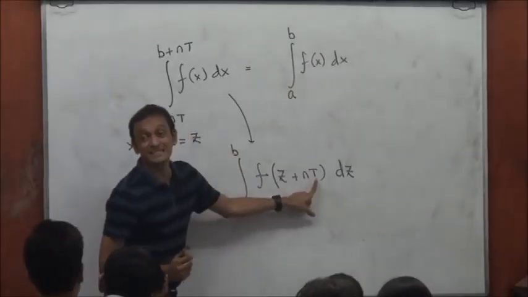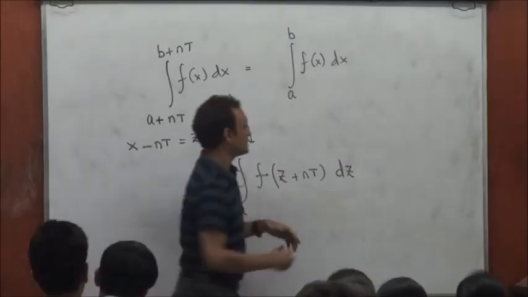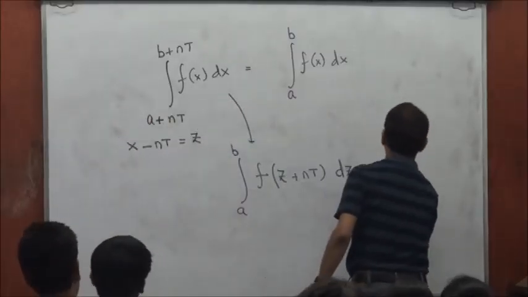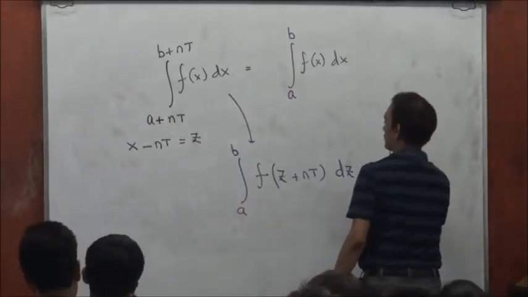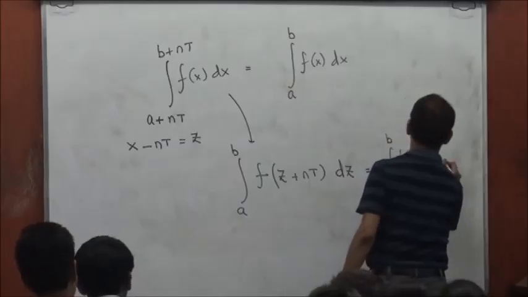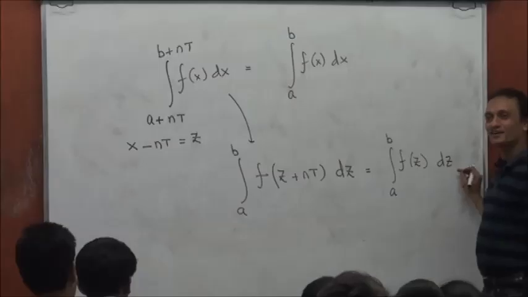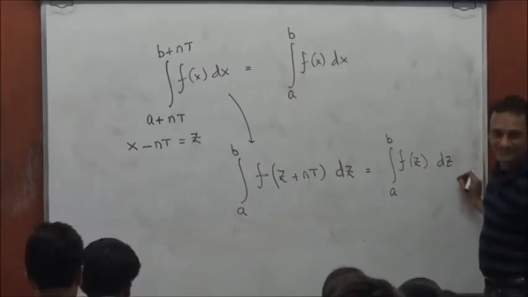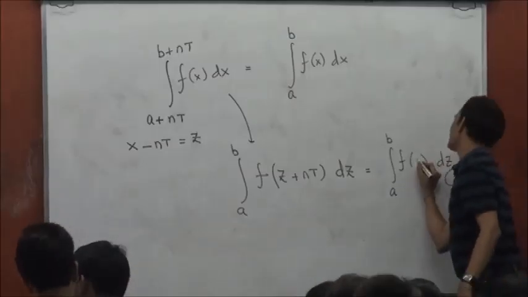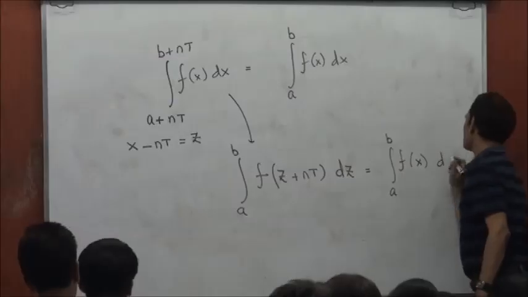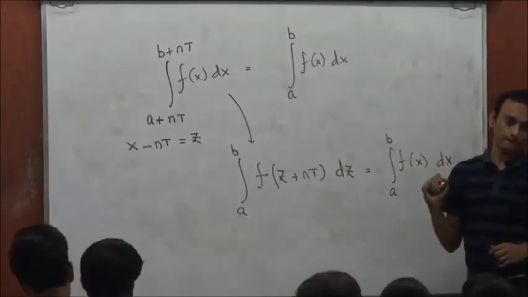But f of z plus nT is the same as f of z. Z or London or Patna or Paris, or x, it's going to be the same. Got me?